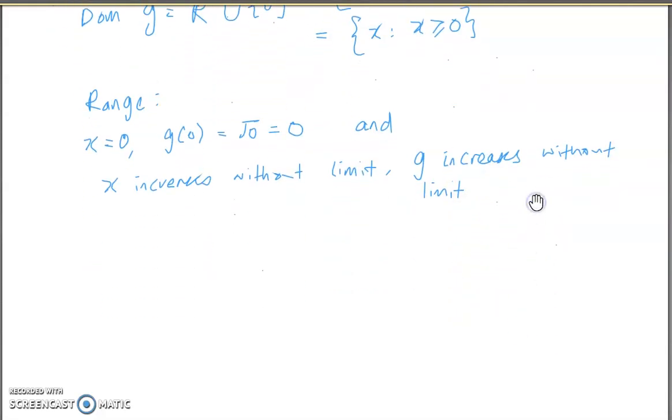the range of the function g is equal to all positive real numbers, including the union with the set of 0 here. Then it's also the same thing, you can put either way.